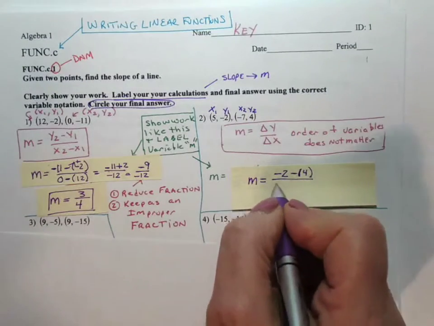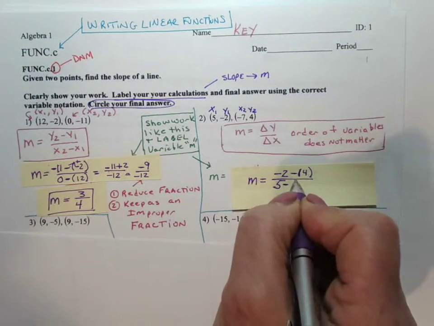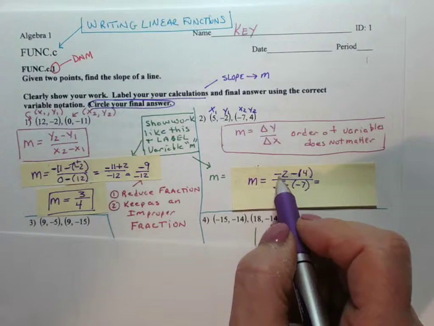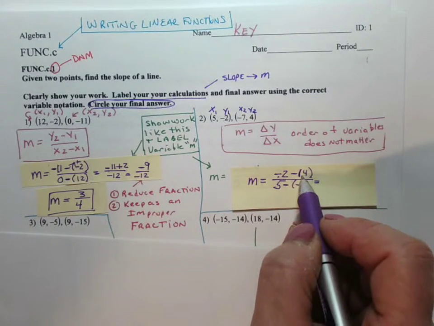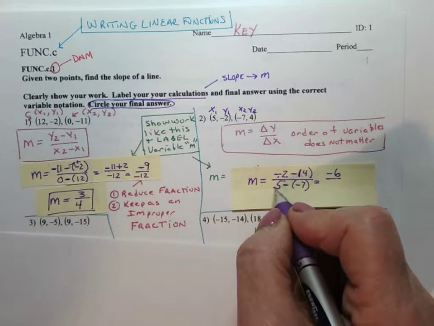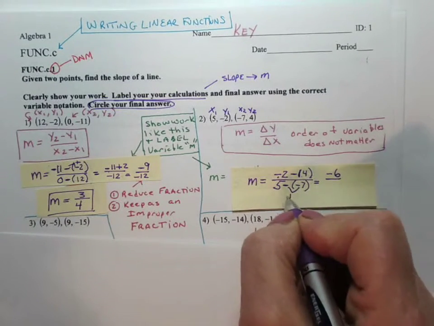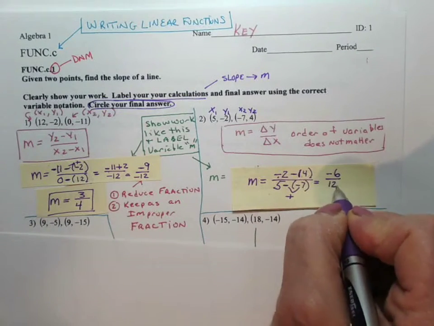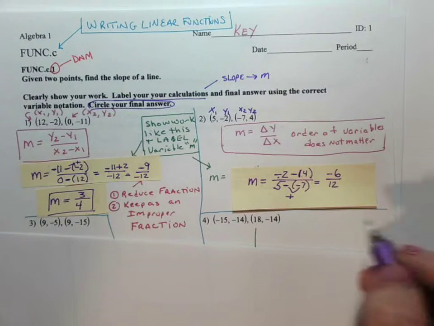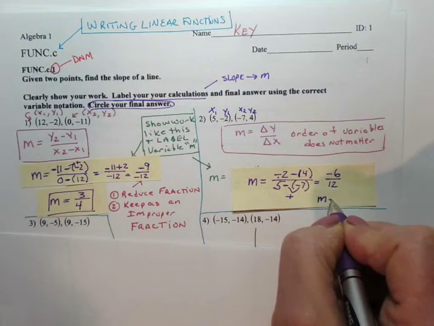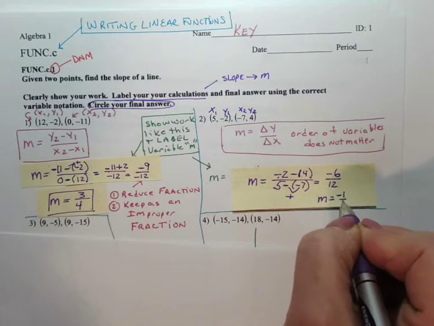So you have 5 minus negative 7, and negative 2 minus 4 is negative 6. Right? This is going to become a positive. So 5 plus 7 is 12. We reduce it. So the slope here is m equals negative 1/2.